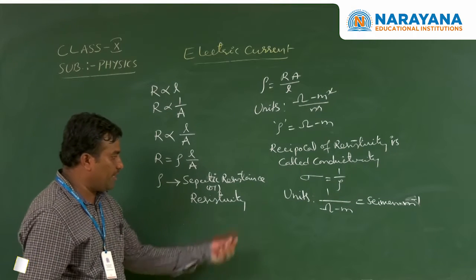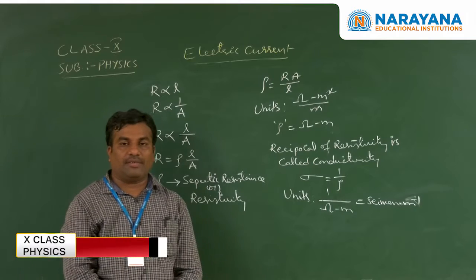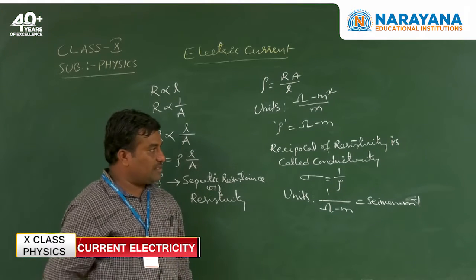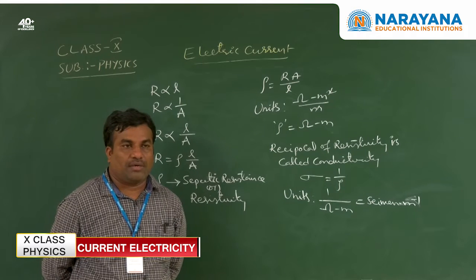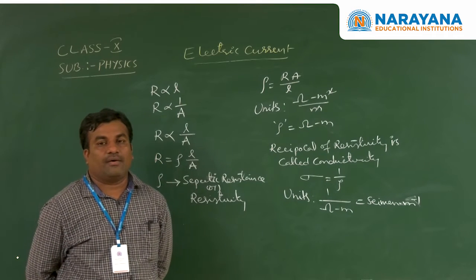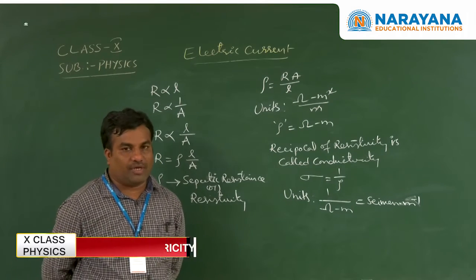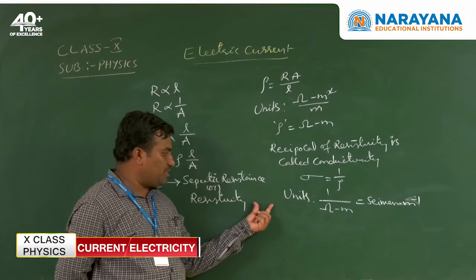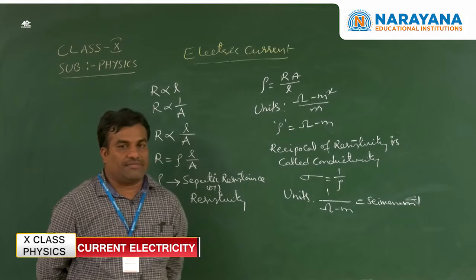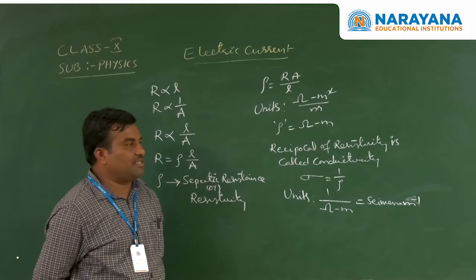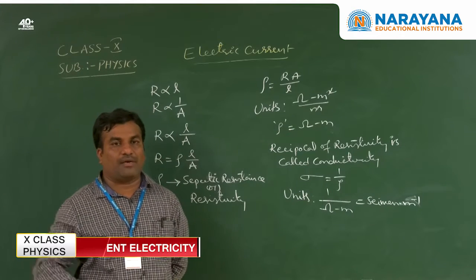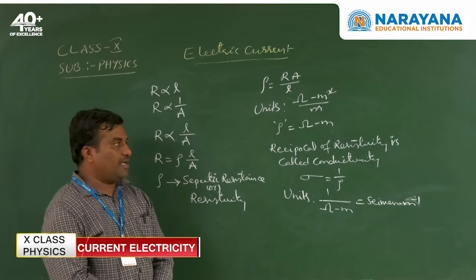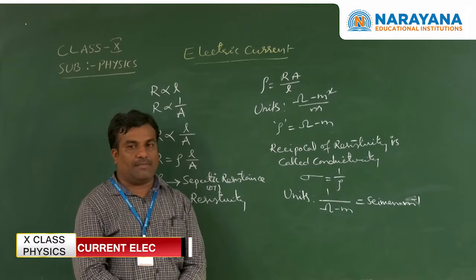Resistance also depends on temperature, nature of the material, and area of cross section or length of the given body. But what is the difference between resistance and resistivity? Resistivity is specific resistance, a particular property of the material.